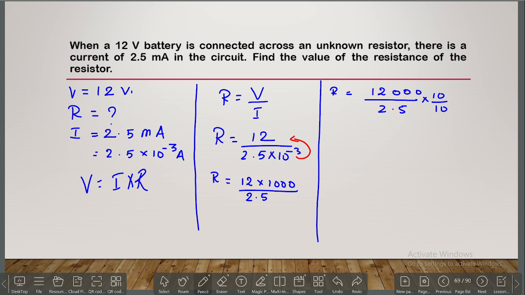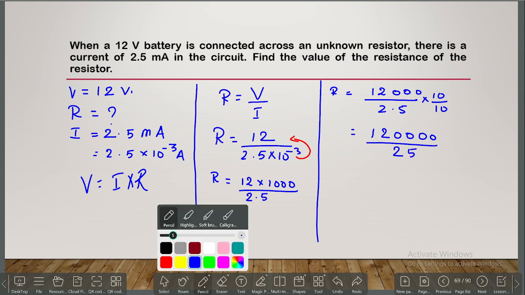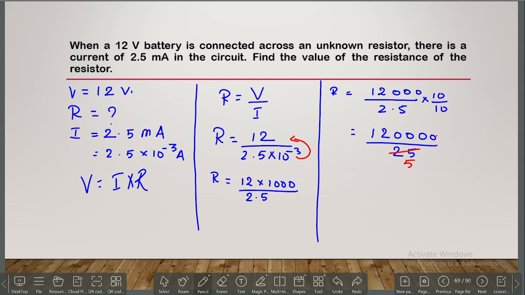So 12,000 into 10 becomes 1,20,000, by 2.5 into 10, which is 25. Now to simplify: 5 5s are 25, 2 5s are 10, balance 2 will then be 4, triple zeros, and then 1 5 is... 4 5s are 20, remainder 4, 8 5s are 40, double zeros.